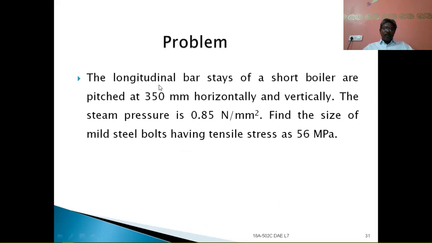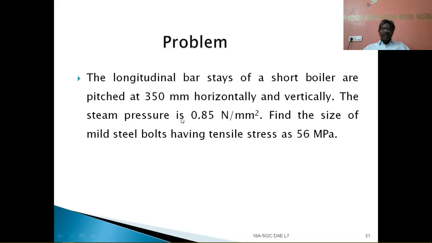The longitudinal bar stays of a short boiler are pitched at 350 mm horizontally and vertically. That means this is the value of X, vertically 350 mm, horizontally 350 mm, X and X, and that will give you the area of the plate supported by the boiler stay.